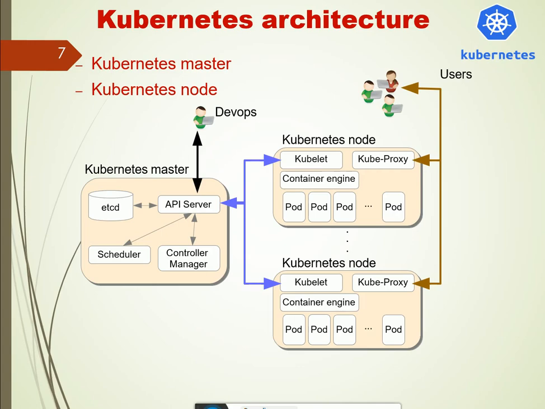So a number of users connect to the Kubernetes Master. This is the architecture of Kubernetes. Now let me discuss one by one, the Kubernetes Master, then the Kubernetes Node components.